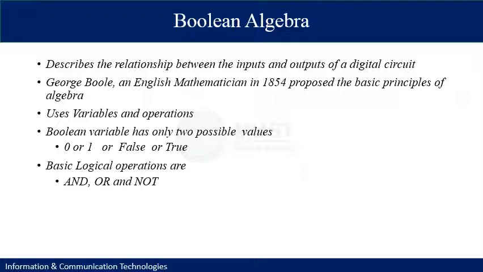Boolean algebra uses variables and operations, and Boolean variables have only two possible values, which are 0 or 1, or true or false. Basic logical operations are AND operation, OR operation, and NOT operation.